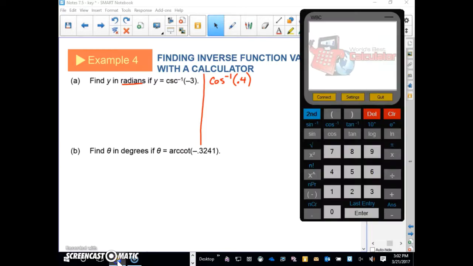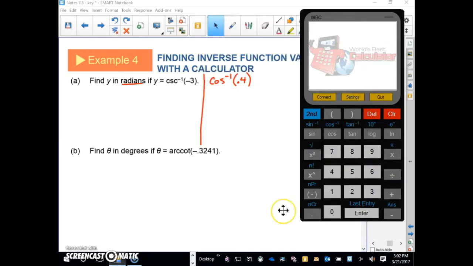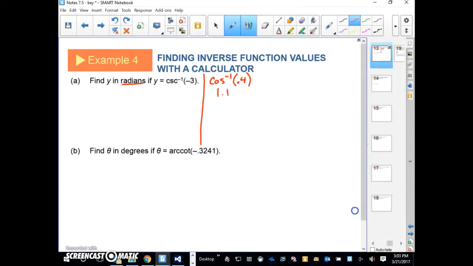So let's just make sure we're in radians. And all we'd have to do is type in inverse cosine of 0.4. And that gets us 1.159, let's say. So that's 1.159. Okay, so that's the what.